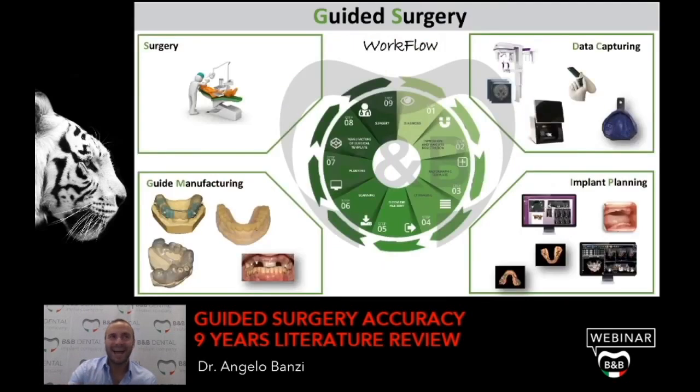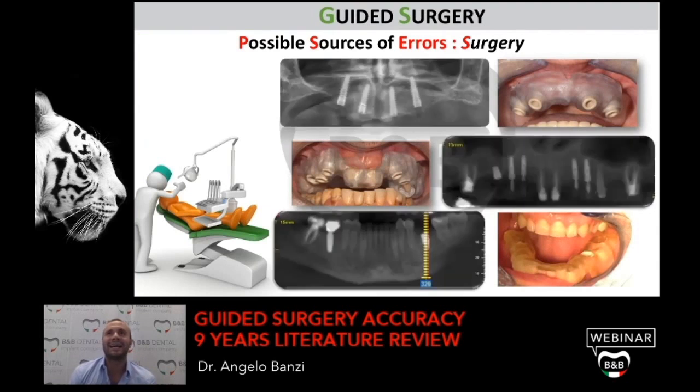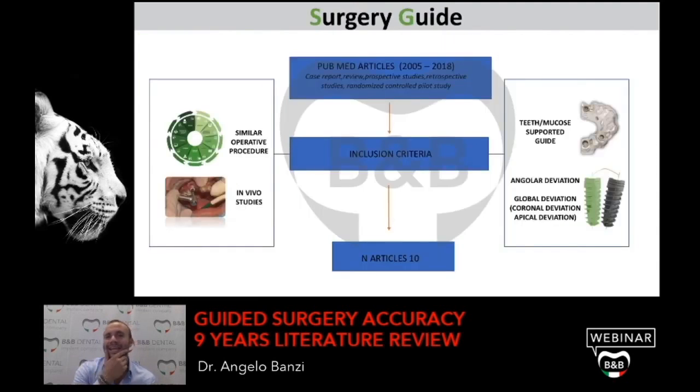Let's see the last part of the error that we can bring into this system, and they come during the surgery. I did research in the literature, and you can find more than 300 articles from these 13 years.